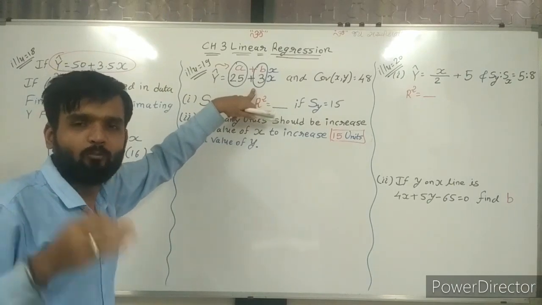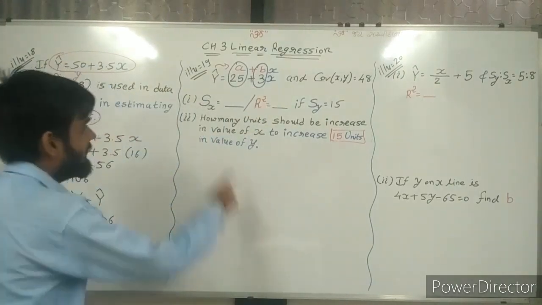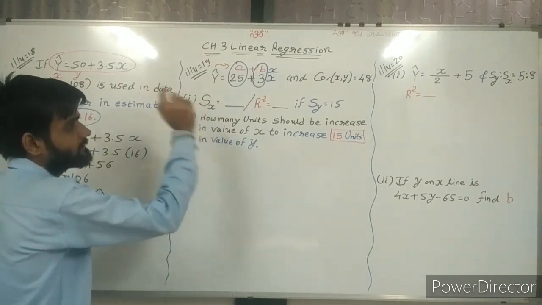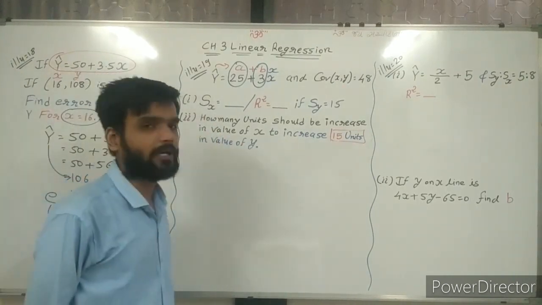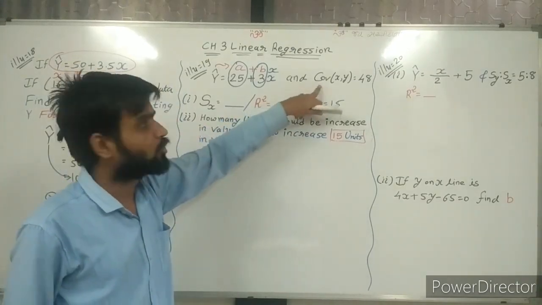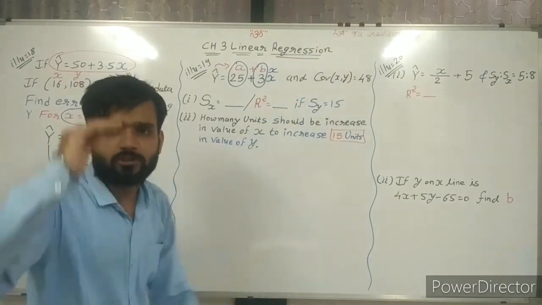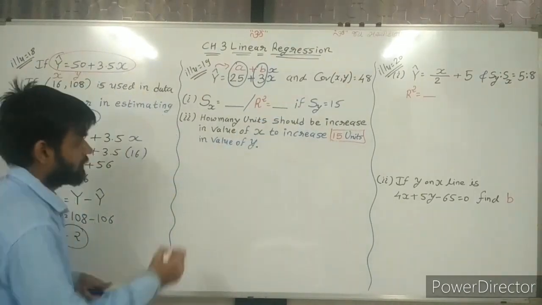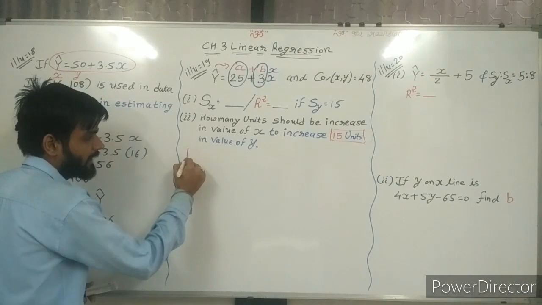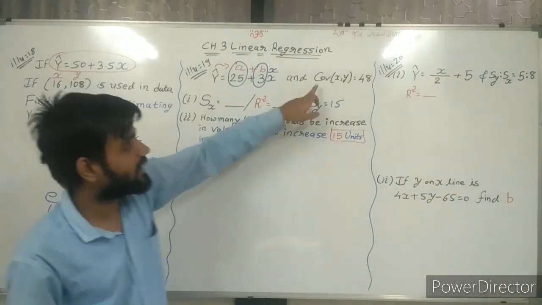Now, most important thing: I need to find sx, and I am given only the value of covariance of xy. So think, the value of b can be found by using covariance of xy.